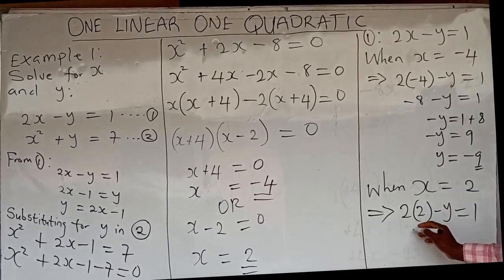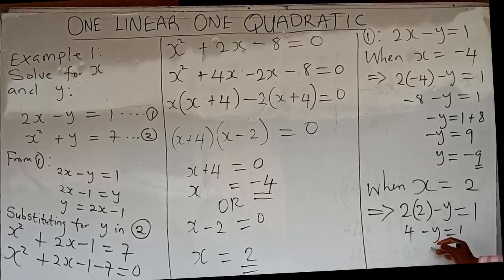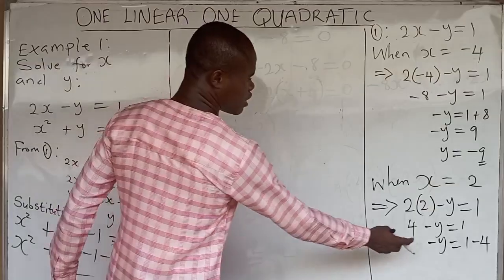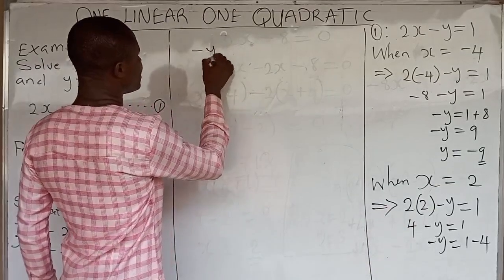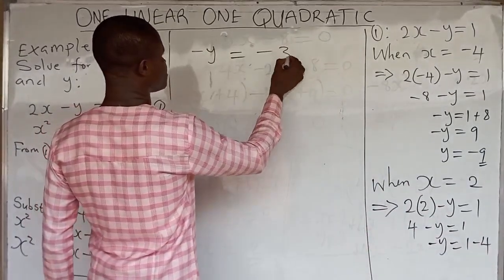So 2 times 2 is 4, minus y equal to 1. Next thing is to collect like terms, so that minus y is equal to 1 minus 4. This is plus 4. If it goes across the equal sign, it becomes minus 4. All right, so this implies that minus y is equal to 1 minus 4, which will give us minus 3.